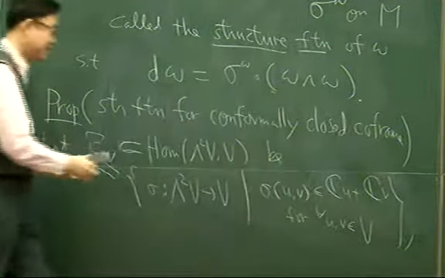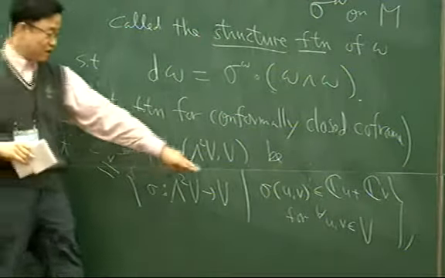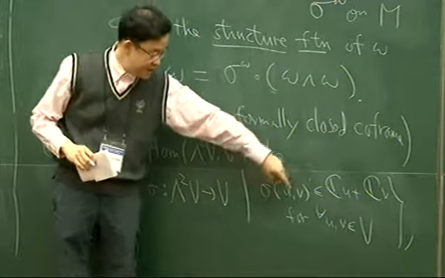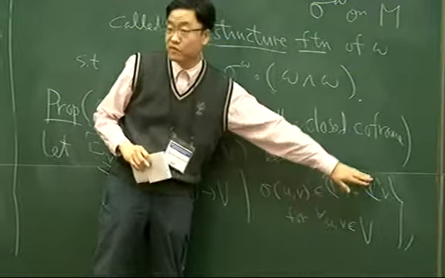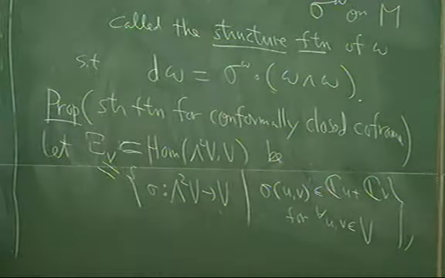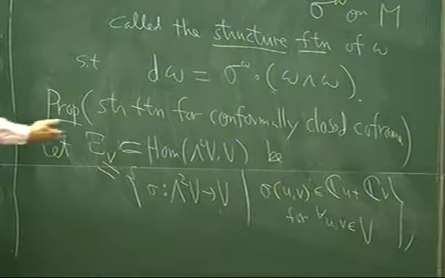This is a homomorphism satisfying this property: when you are given two vectors u and v, its image is in the span of u and v. So let's consider this subspace.